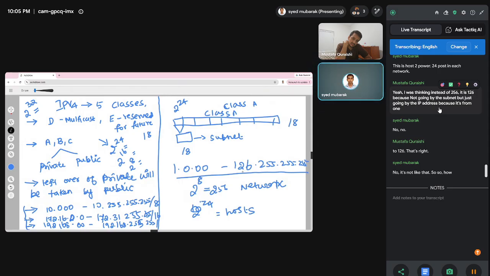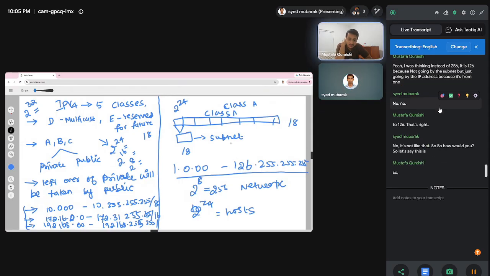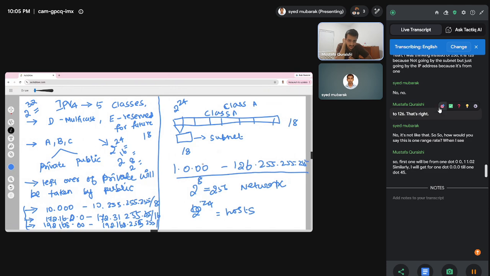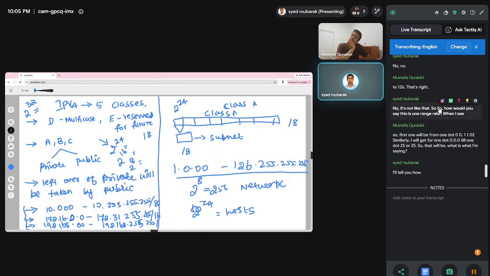So let's say this is one range, the first one. When I say from 1.0.0.1, 1.0.0.2, similarly I will get 1.0.0.0 till 1.255.255.255. That will be one big network. I'll tell you how it is going to increment.